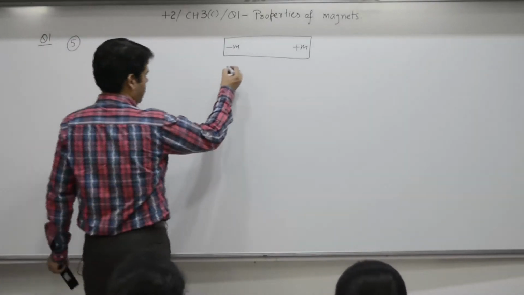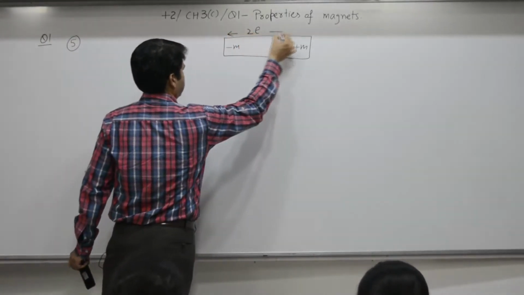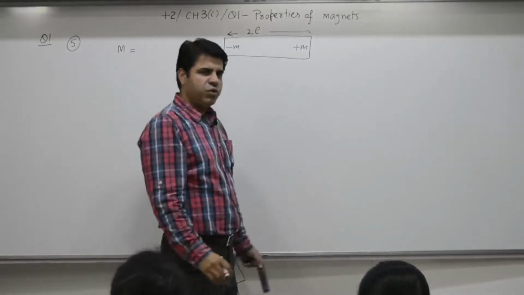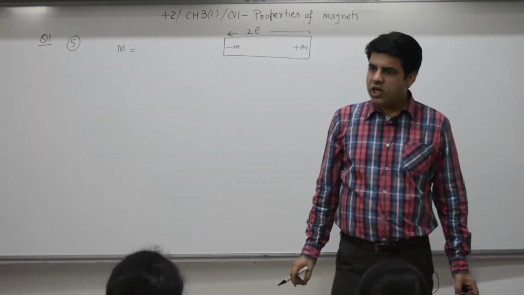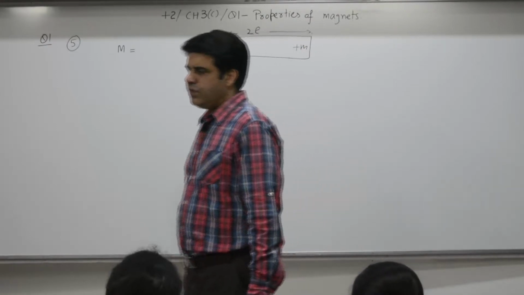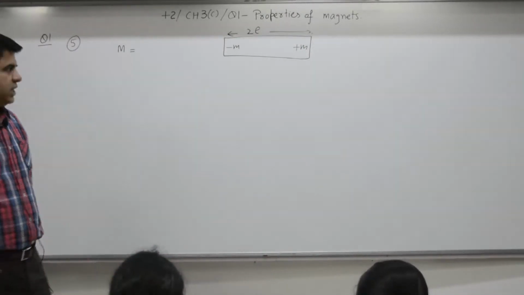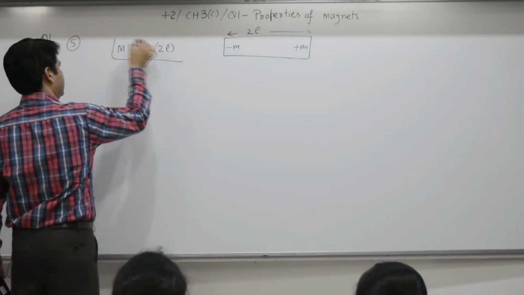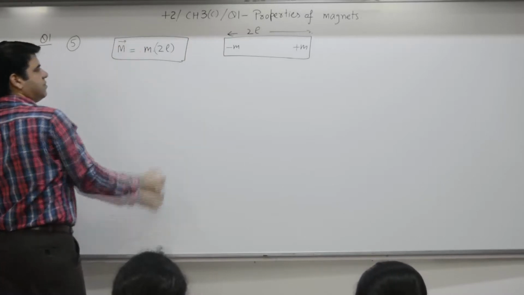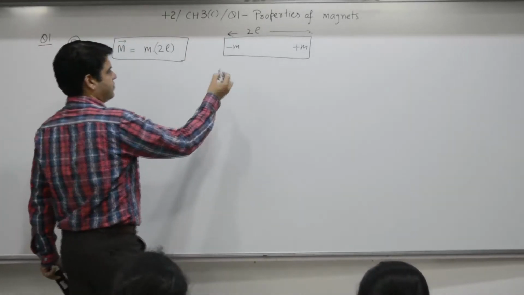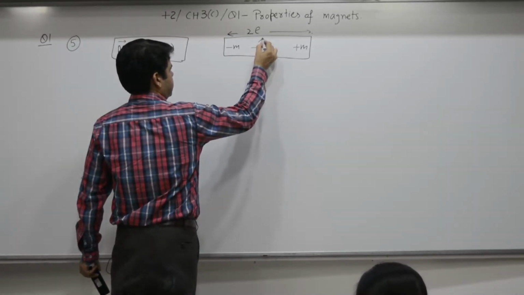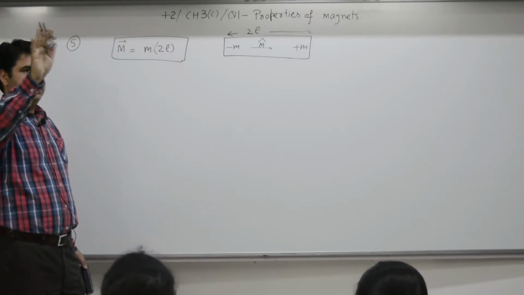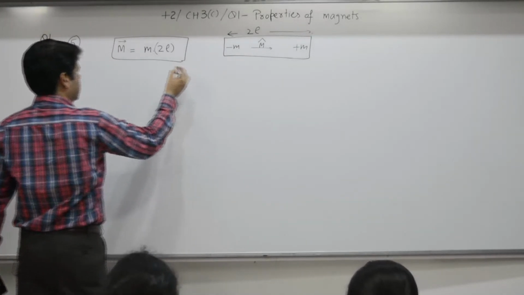Suppose the distance between the two is 2L. Then magnetic dipole moment: how did you define electric dipole moment? Charge into distance. How do you define magnetic dipole moment? Pole strength into distance. Is it a scalar quantity or a vector? It is a vector quantity. What is its direction? Same as before, negative to positive. Here, south to north.